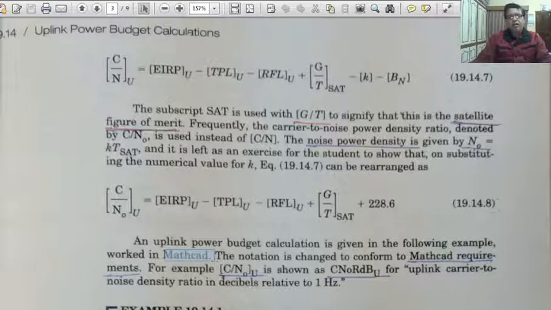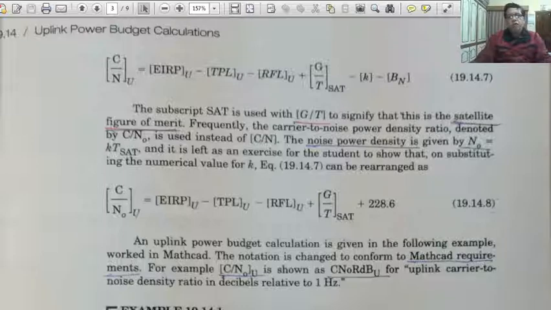An uplink power budget calculation is given in the following example worked in MathCAD. Again, MathCAD is a programming based software that numerically solves problems by using simulation. There are many kinds of programming based simulation software, like MATLAB, Mathematica, Maple and MathCAD, which are used by mathematicians and physicists. The notation is changed to conform to MathCAD requirements.